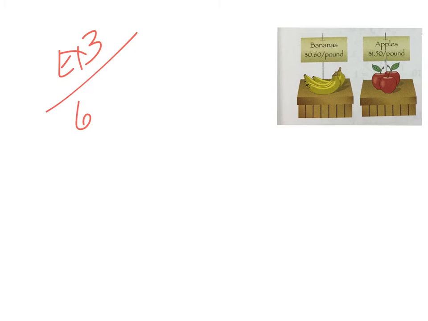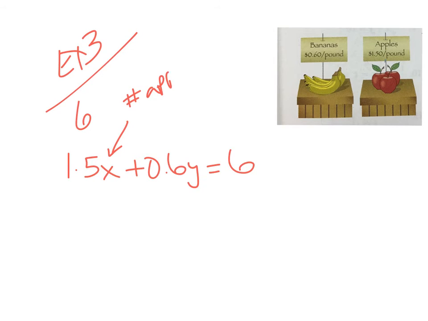When I hear a number I need to use, I write it down. We're going to graph the equation 1.5x plus 0.6y equals 6, where x is the number of pounds of apples, and y is the number of pounds of bananas.